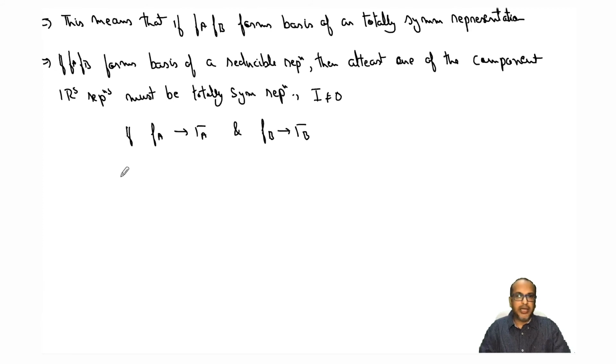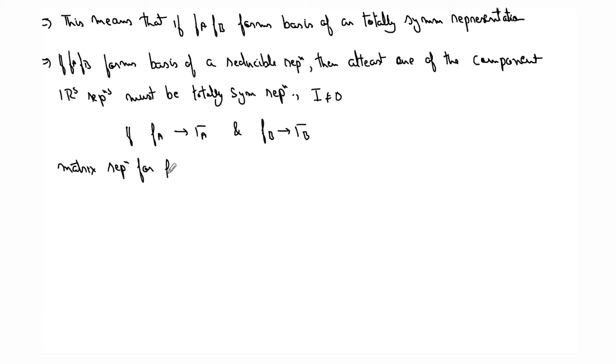So in that case, the matrix representation for FAFB will be given by tau A direct product tau B, right?